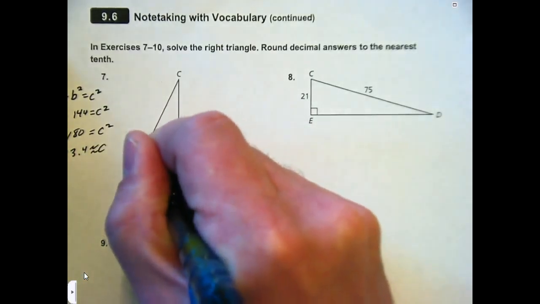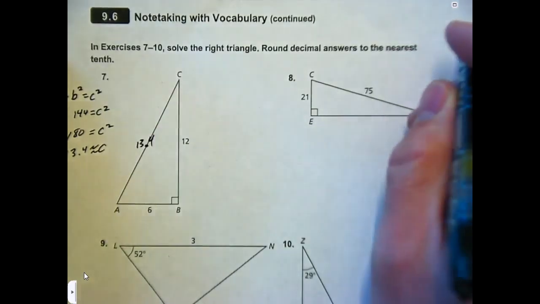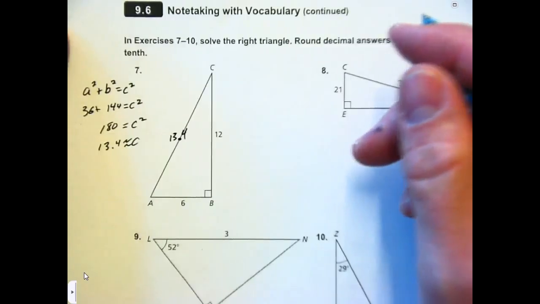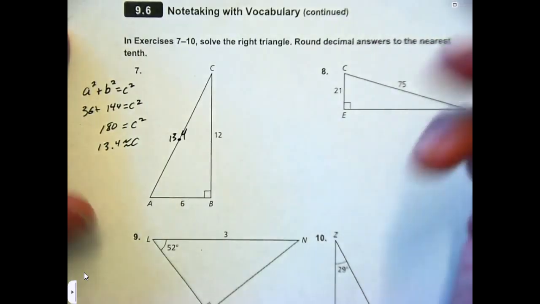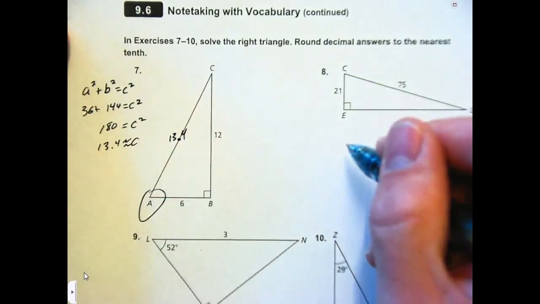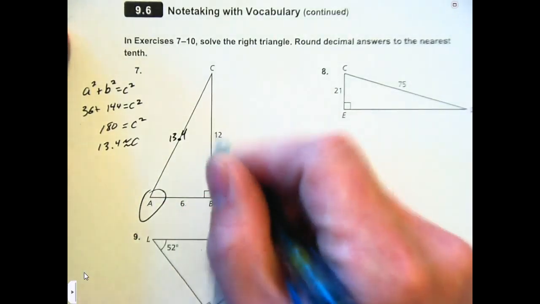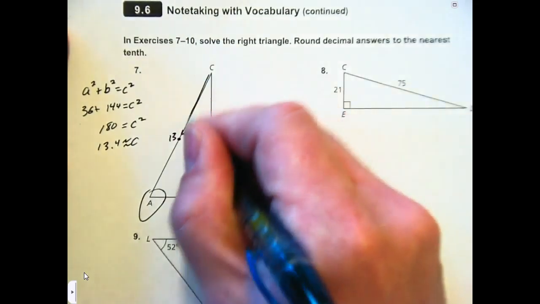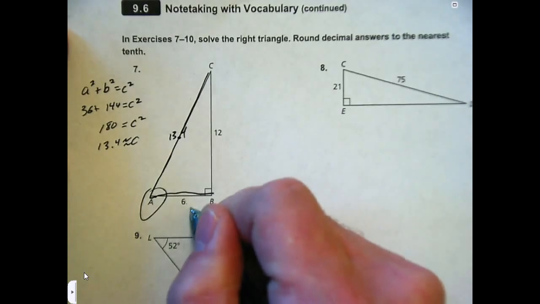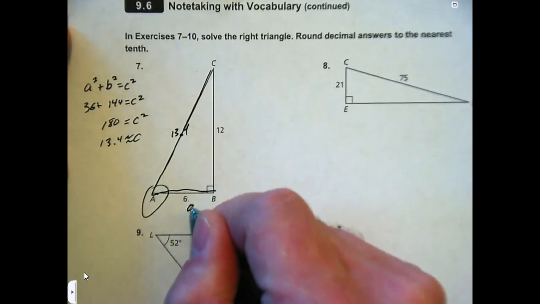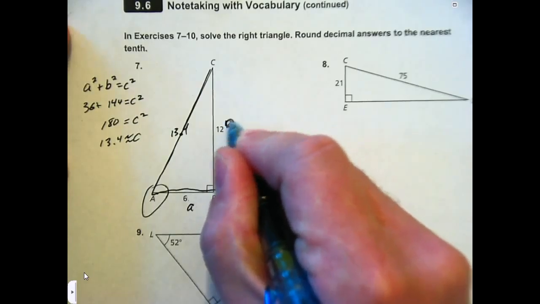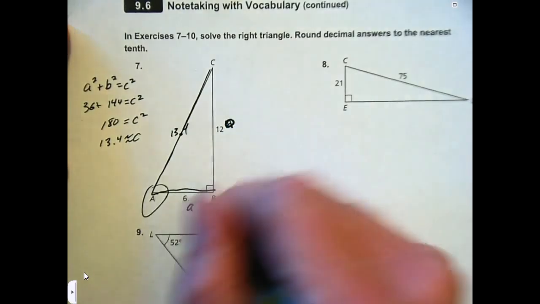Now that's a rounded amount, so if you're using your trig ratios later, try to avoid using any rounded values if you can. Okay. Now if I want to find an angle measure, let's say I want to find A. Okay, and I am given two sides. Okay, in relation to A, what is this? It's adjacent. What's this? Oh, opposite. That's a close one. Okay, opposite and adjacent is?